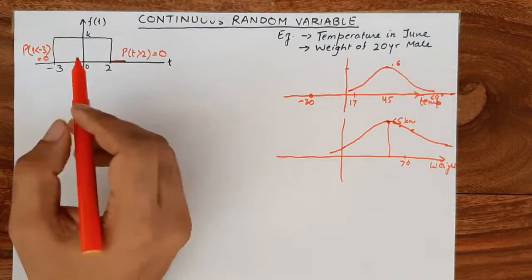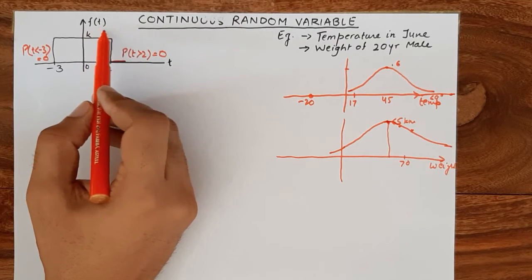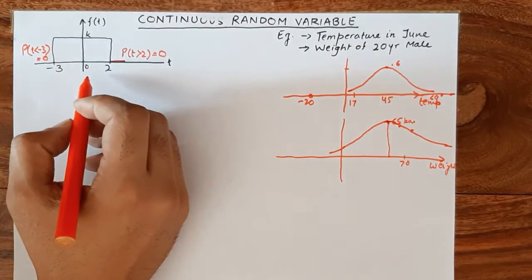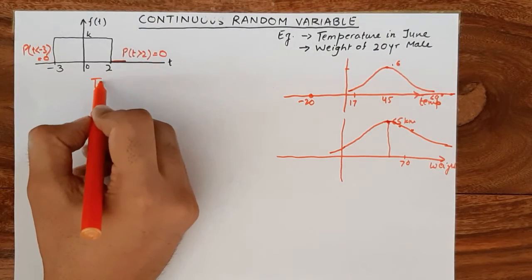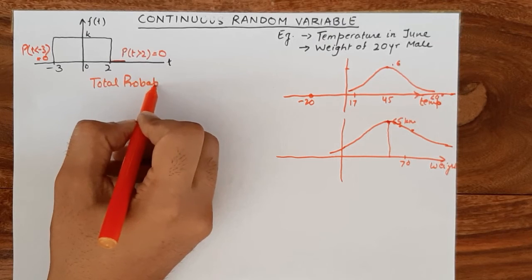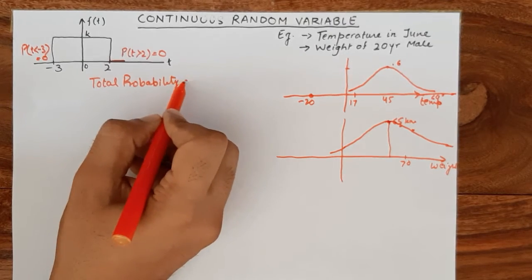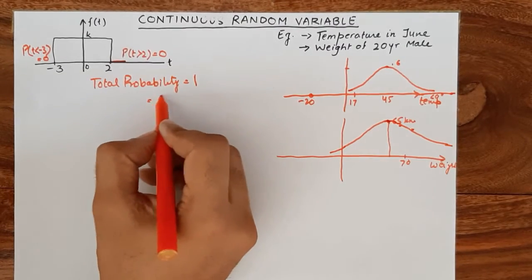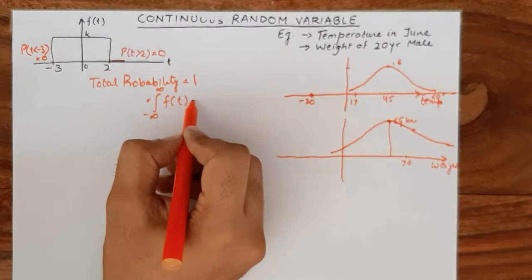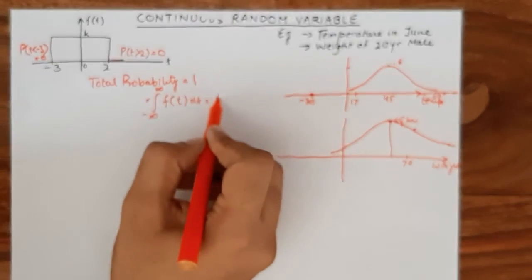If you get a question like this where the probability distribution function is drawn like a graph, you need to know that the total probability of such a graph is 1. So from -infinity to infinity, the integral of f(t) dt will be equivalent to 1.